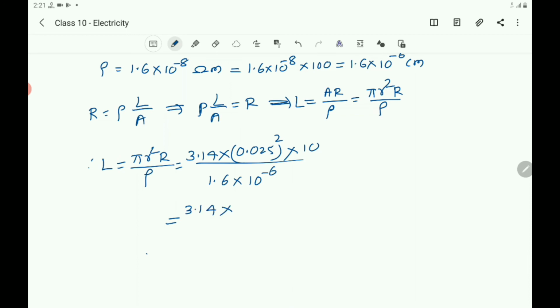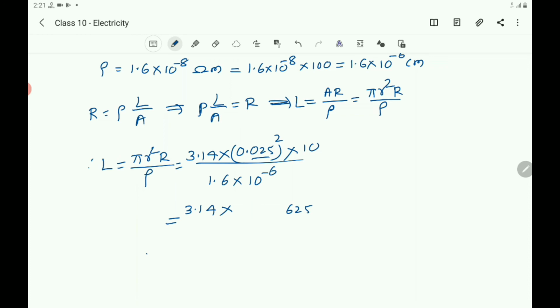Then here, 3.14 into 25 squared, that you know 25 squared is 625. Here the decimal point is after 3 digits. So here you must have 625.